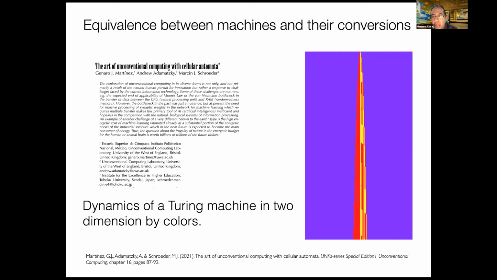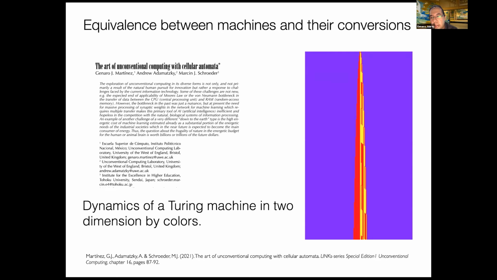But actually, you can explore Turing machines in 2 dimensions because you only need to specify colors for the Turing machines and concatenate the string, the tape, every time, like a cellular automata dynamics. What is the main problem in looking at dynamics in cellular automata and Turing machines?